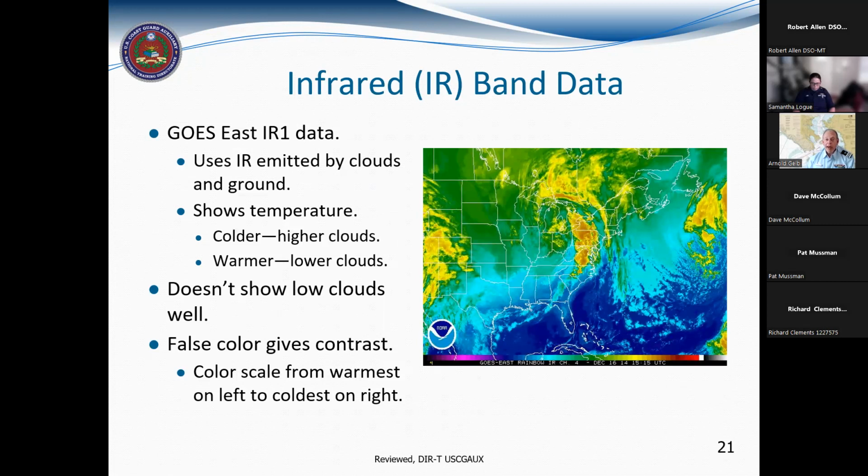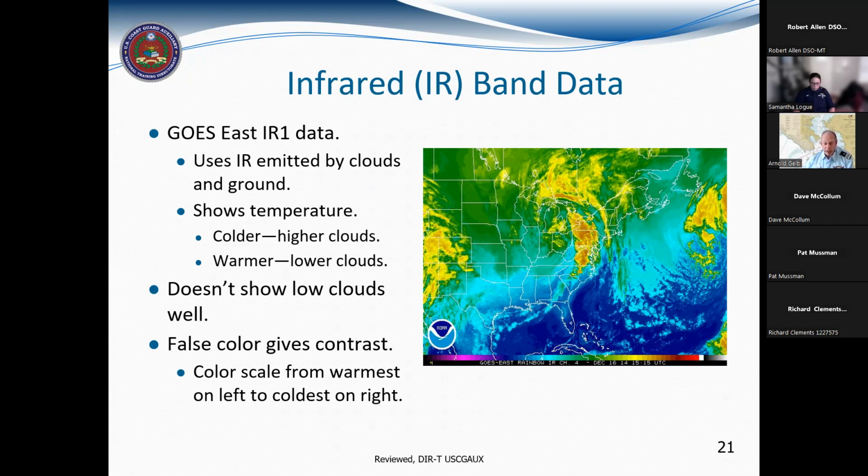Then we also have infrared band data from GOES East. Infrared 1 data is shown here, which uses infrared emitted by clouds and by the ground. It shows the temperature, and you can see the temperature scale on the bottom.